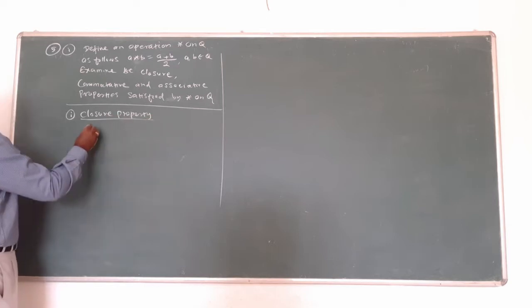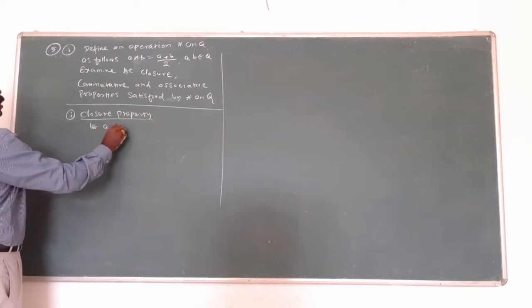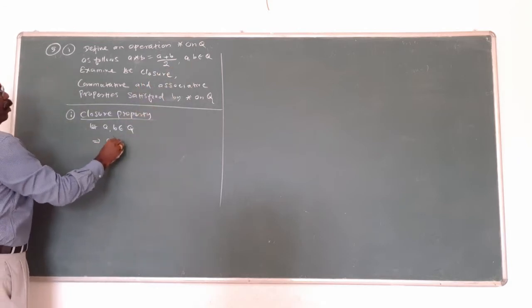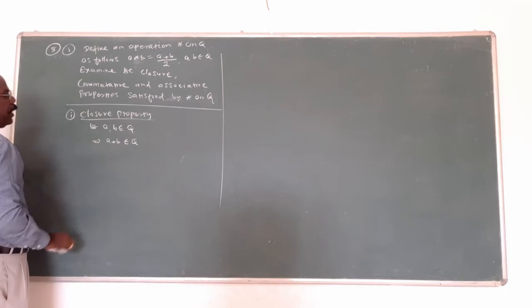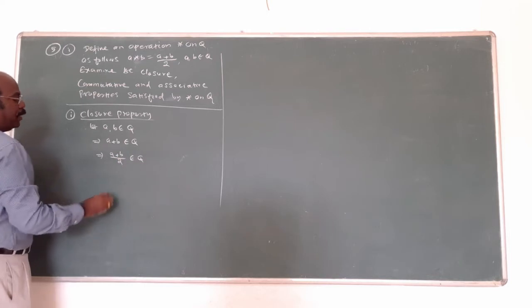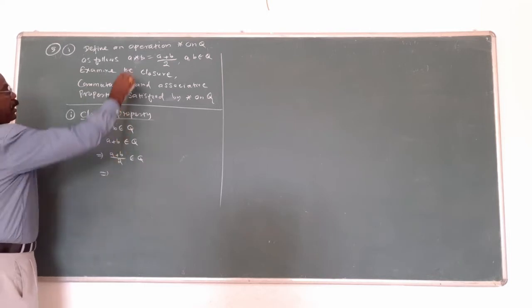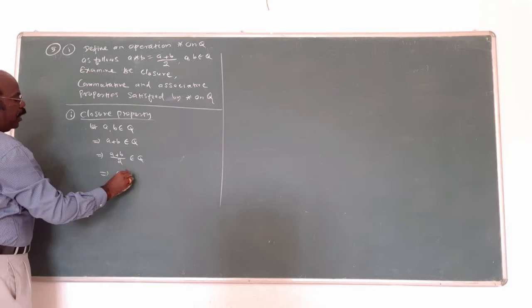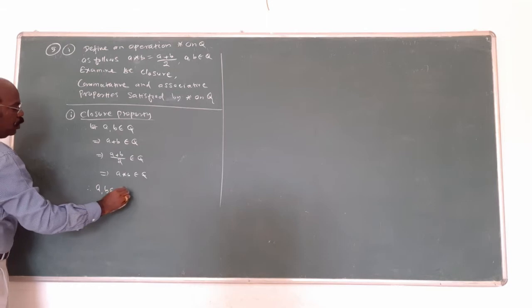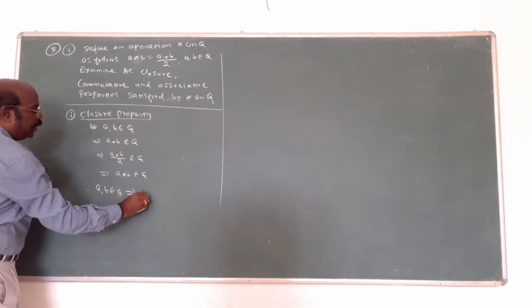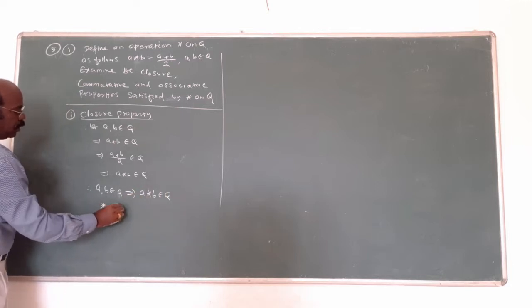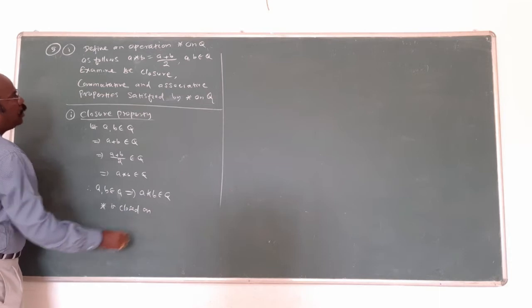A comma B belongs to Q, already given, which implies adding both also belongs to Q. Now adding both divided by 2 also belongs to Q, which is A star B. A star B also belongs to Q. The conclusion: A comma B belongs to Q implies A star B also belongs to Q. Therefore, star is closed on Q. That is the answer.